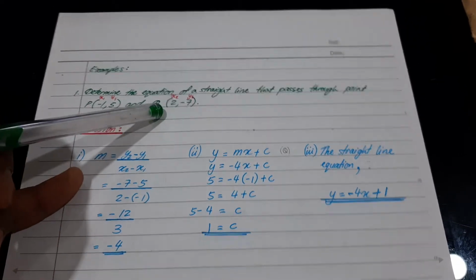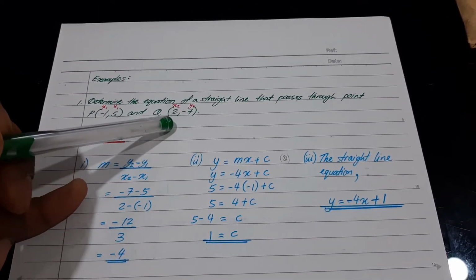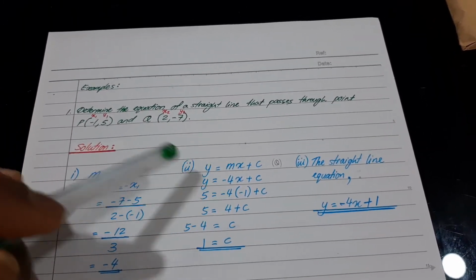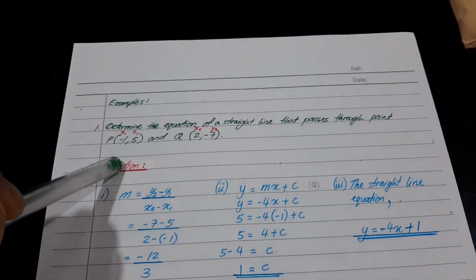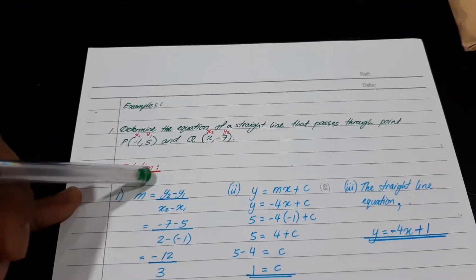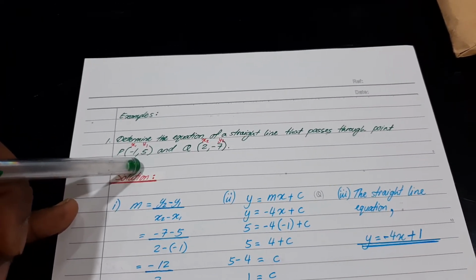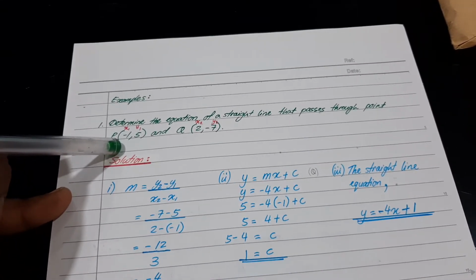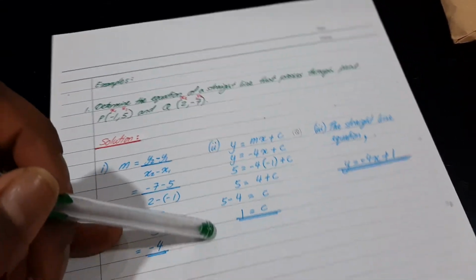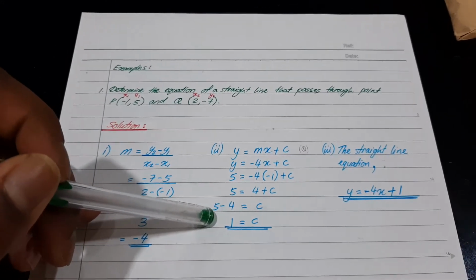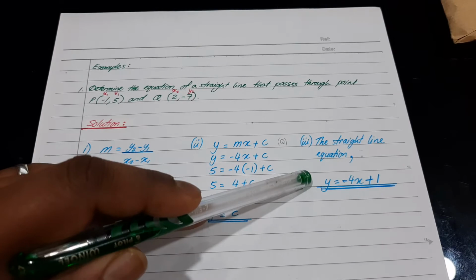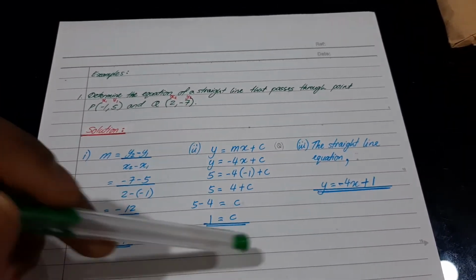Then I choose the pair of coordinates from P: y becomes 5, x becomes negative 1. When I solve this, I get c equals positive 1. Therefore, my straight line equation is y equals negative 4x plus 1.